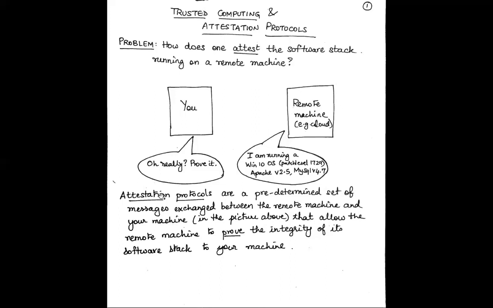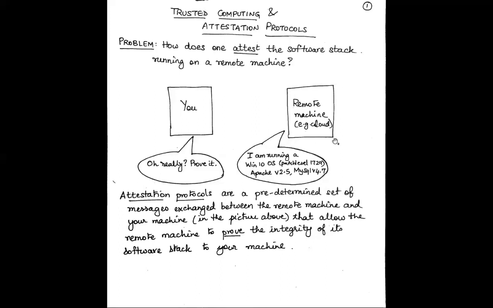They are a set of messages that are exchanged between the remote machine and your machine in this picture, that allow the remote machine to prove to you the integrity of the software stack that is running on the remote machine. So because of the setup that we just described, you are often called the verifier, because you will be verifying certain claims made by the remote machine.